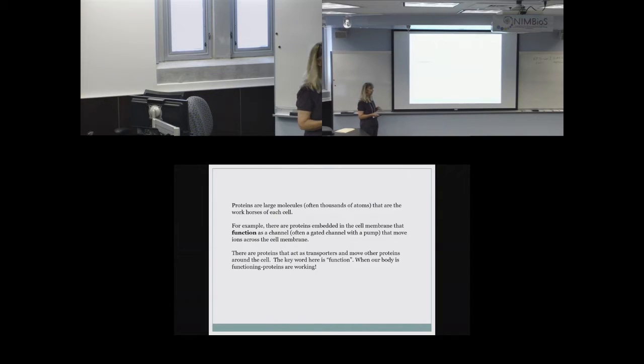So when you're alive and you're functioning, your proteins are doing it all. That's what they do. There is an assumption that the function is highly related to its structure, although like anything in biology or the real world, it's not absolute. It's the difference between probable and possible again.